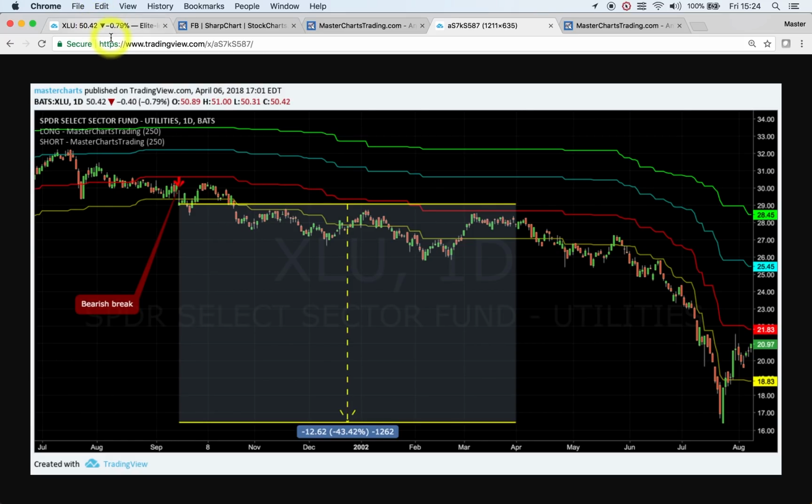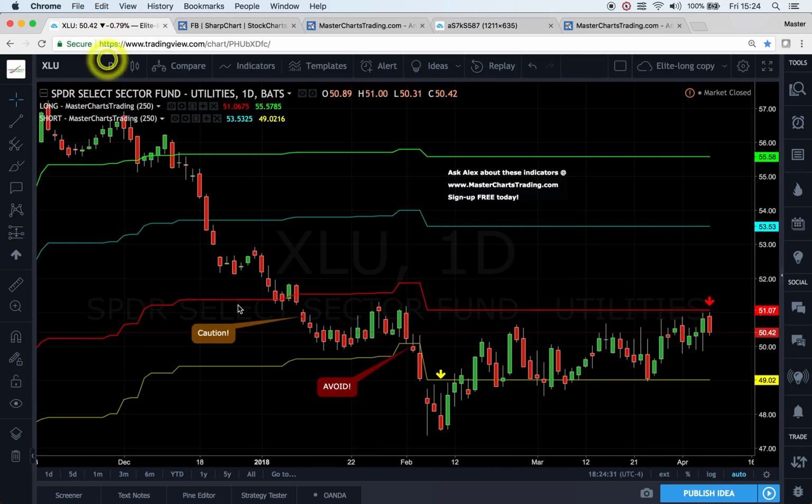There is no way to know that because we do not know the future. But again, since we're doing trend trading, we're betting on the continuation of a trend. And when we define a trend, for example, in utilities, we're going to say that a bearish trend is a close below this yellow line. And we're going to think that we're going to continue lower from here.